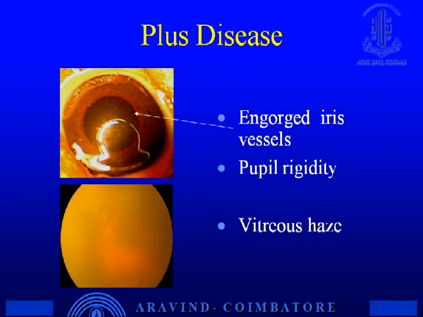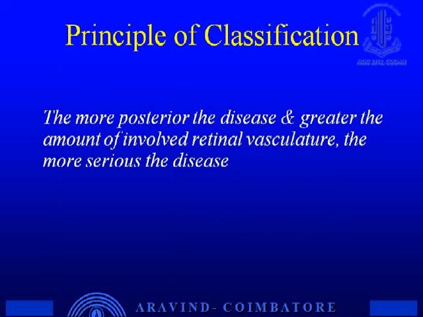Also, it is normally associated with engorged iris vessels, pupil rigidity and a vitreous haze. Basically, the basic principle of classification is the more posterior the disease and greater the amount of involved retinal vasculature, the more serious is the disease.